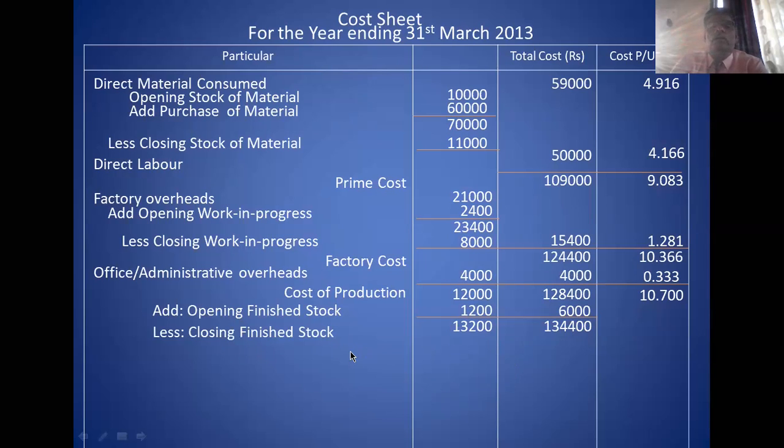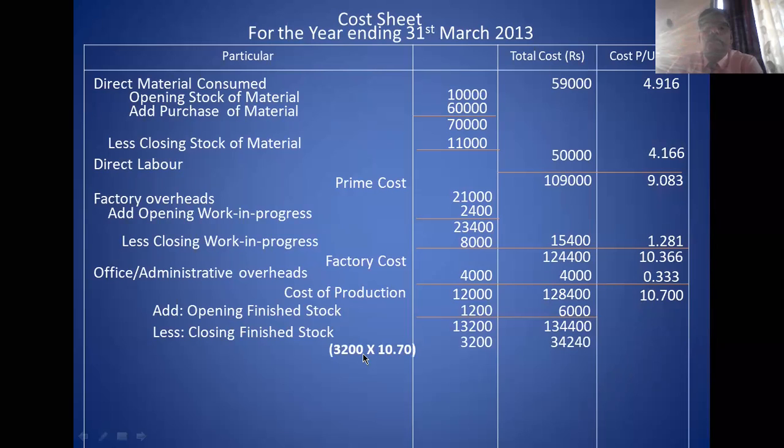How to calculate this finished stock value? You take the closing finished stock units and multiply by cost of production per unit. Cost of production per unit is 10.7. Whatever you calculated here, you take this cost of production per unit and multiply by the number of units.